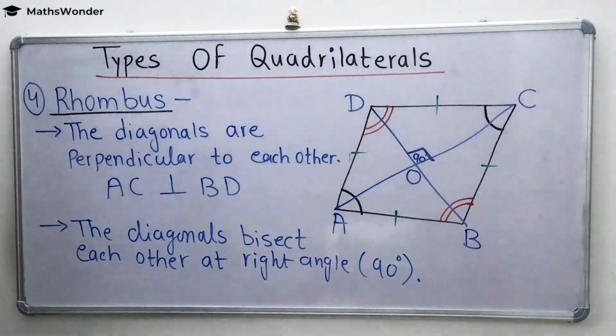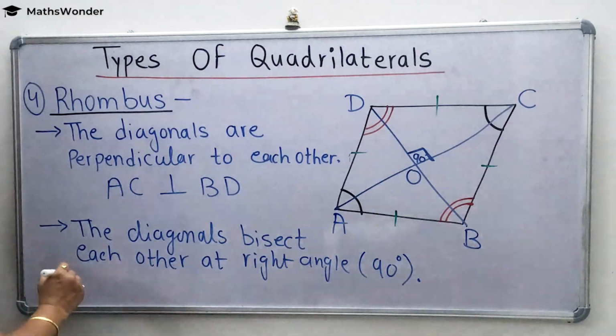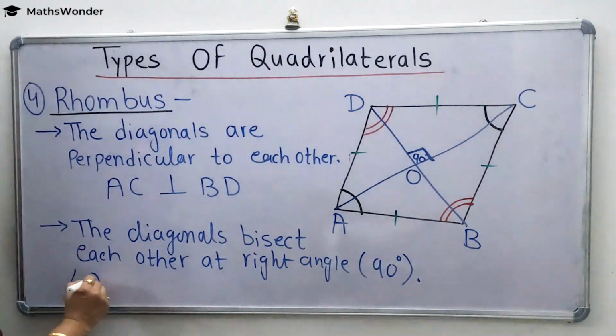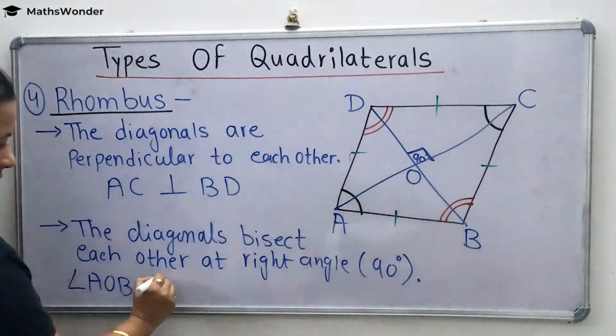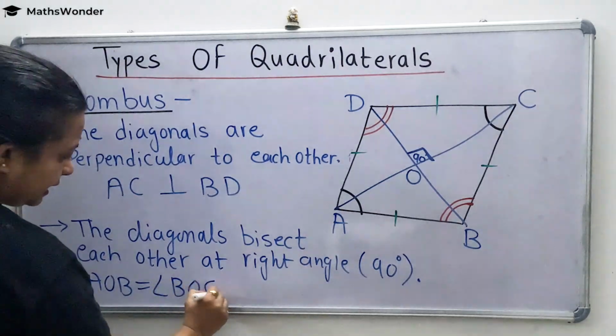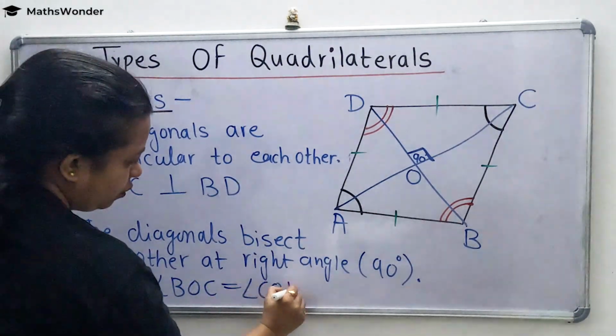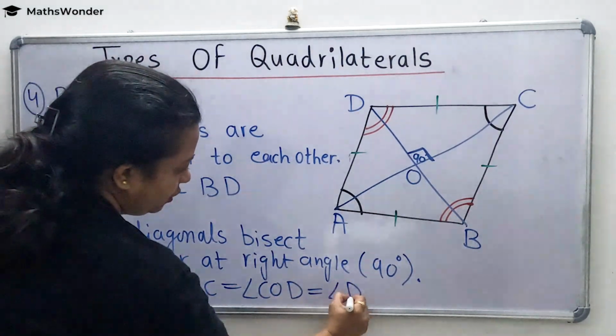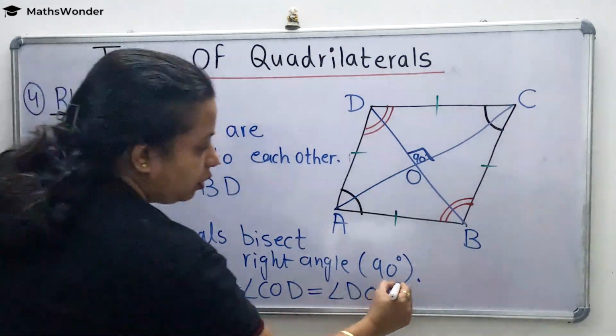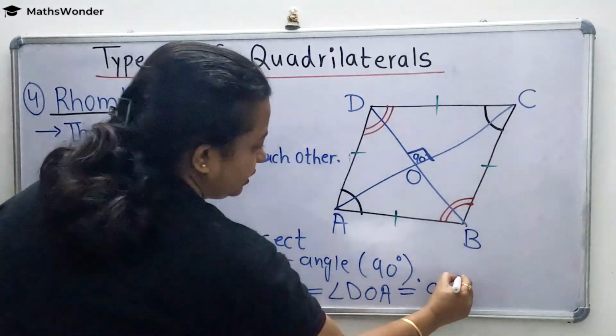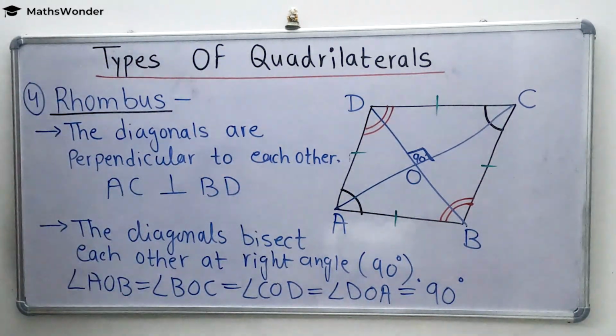You can write it like this. And these are the 90 degrees: angle AOB, BOC, COD and DOA. All are making 90 degrees. Okay, so now the five properties of rhombus are done.